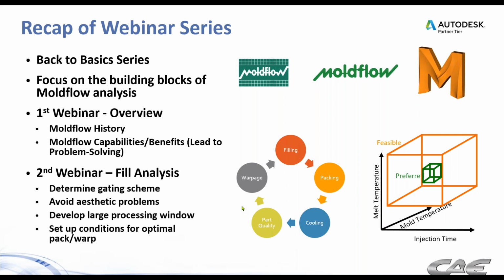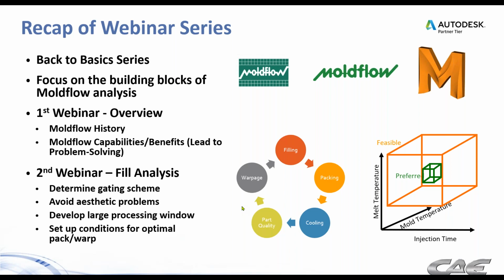And then we went on to the second webinar for filling analysis, where we talked about the best use of filling analysis being determining gate locations, avoiding aesthetic problems like blush and things like that, knit lines. We talked about the ability to develop a large processing window so that we can put the molder in a position for success, because there's so many things that happen at the press that the processing team or Moldflow can't necessarily account for directly in its simulation.